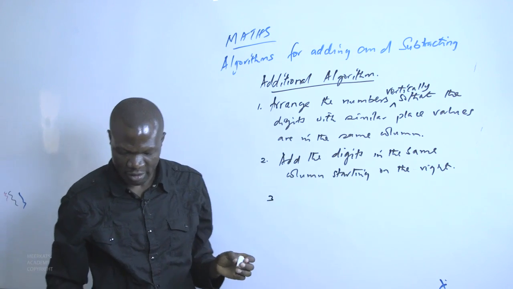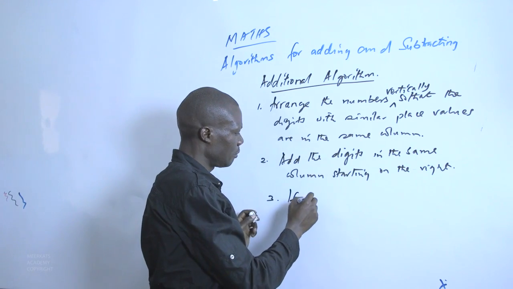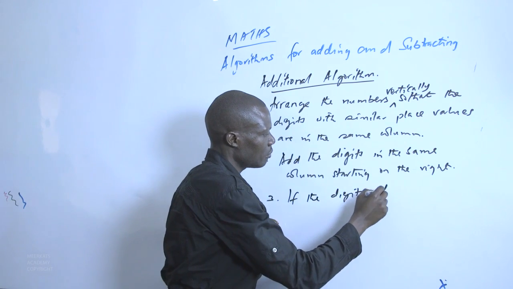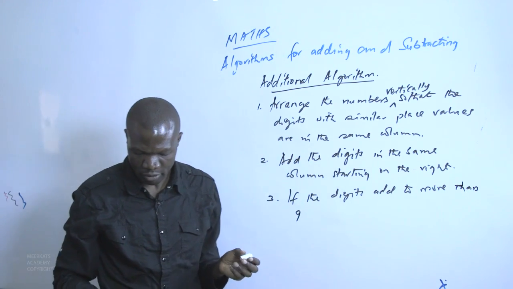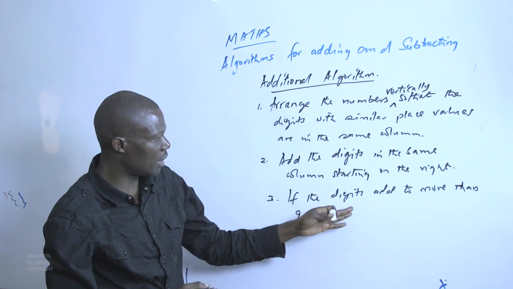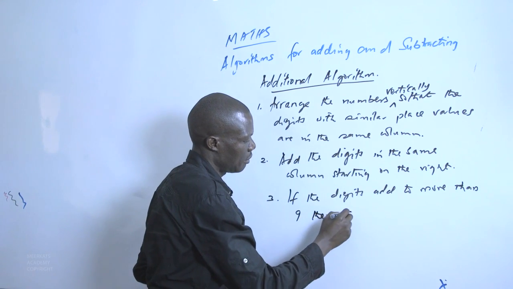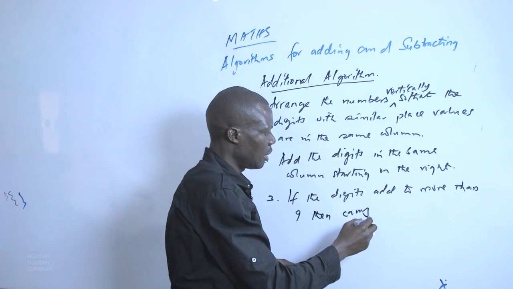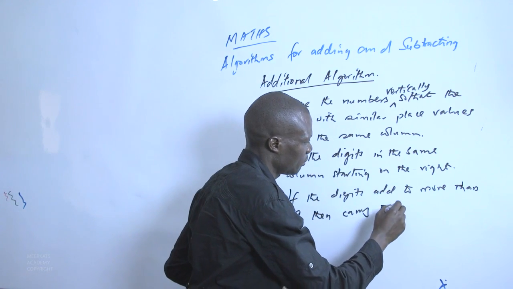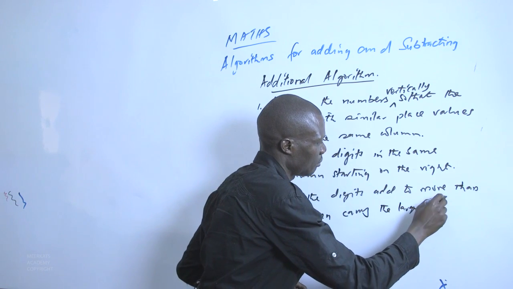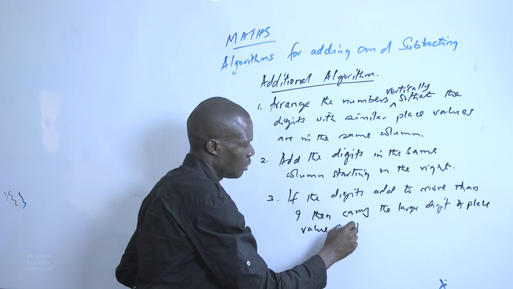Step number 3 and last, we say that if the digits add to more than 9, then carry the larger digit in the place value to the next column.